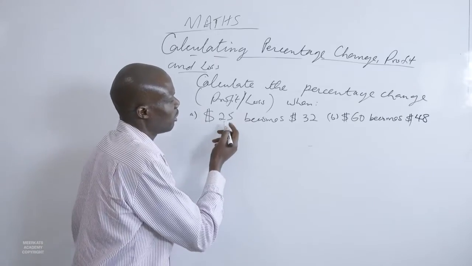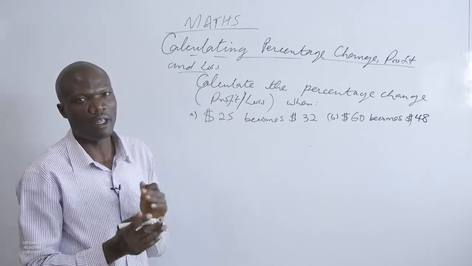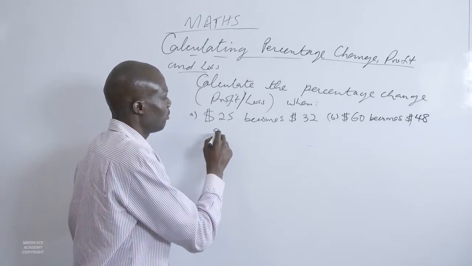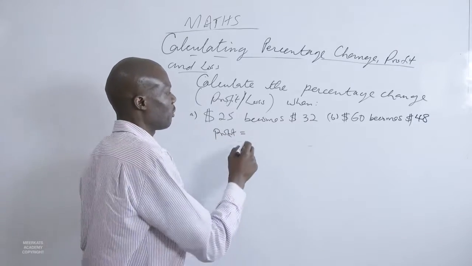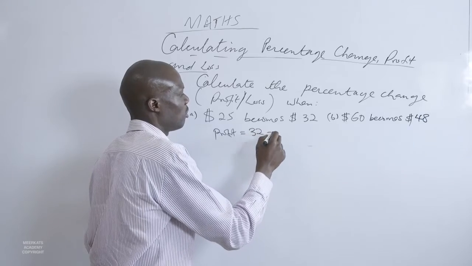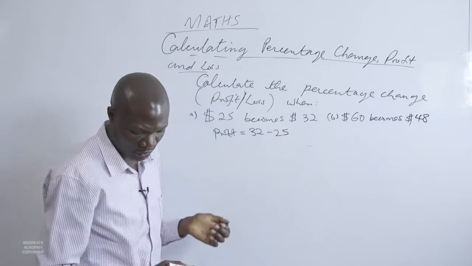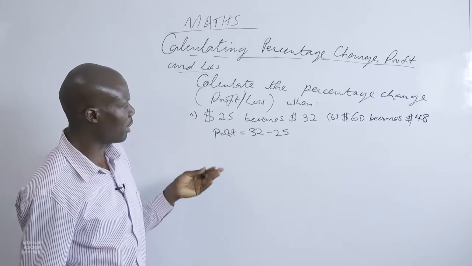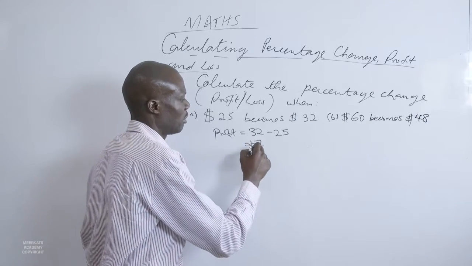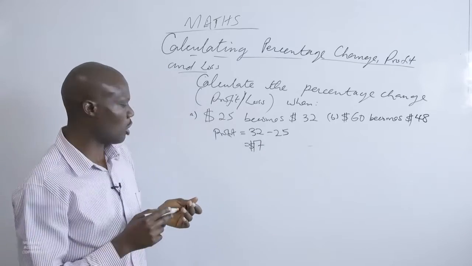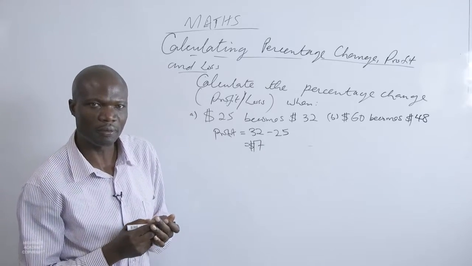So first one, if 25 became 32, there is a gain. So profit is equal to final minus original, which is 32 minus 25. When you subtract this, you get $7. So our profit is $7.